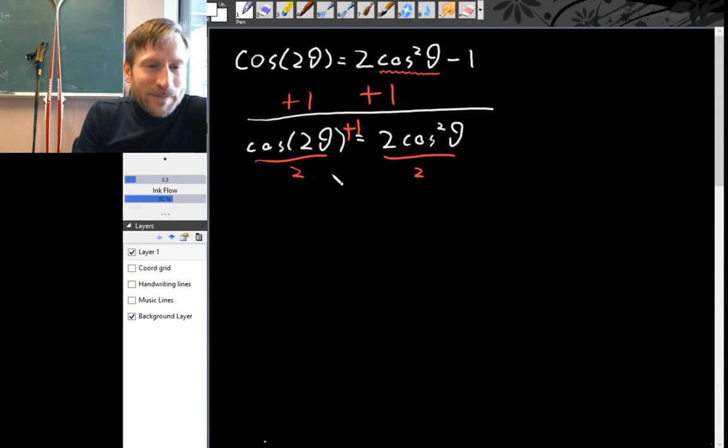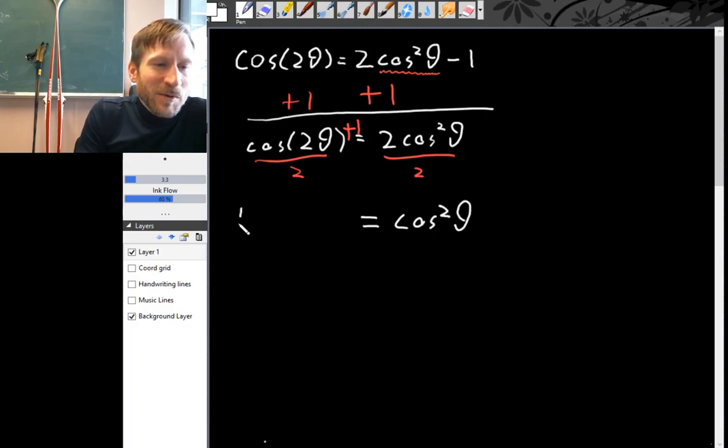Okay. On the right hand side, the 2's cancel, and we just get cosine squared theta. And on the left hand side, we get 1/2 cosine 2 theta plus 1.